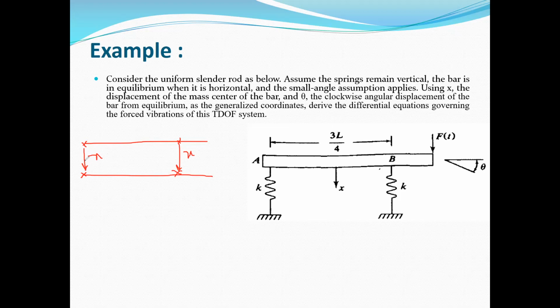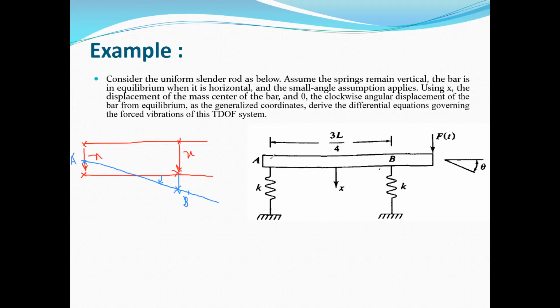So the final position will be something like this because it has a rotational degree of freedom and it will come down. And this is the final position of point B, which we call, for example, B prime. And this is the final position for point A, and we call it A prime.